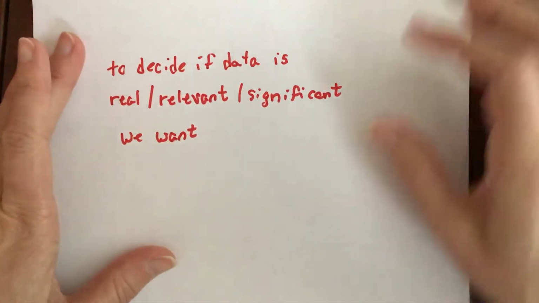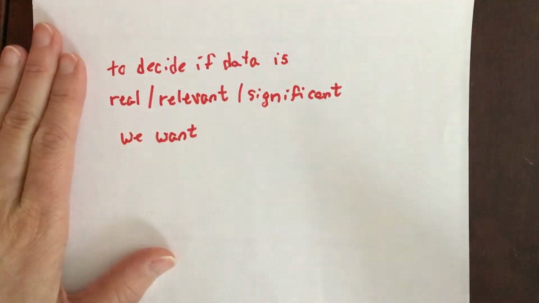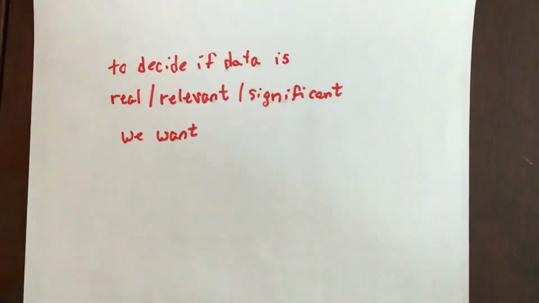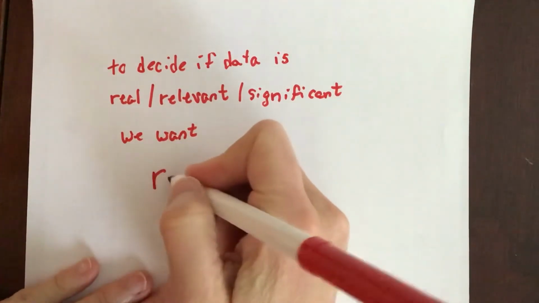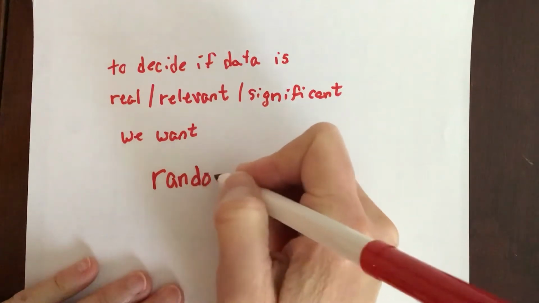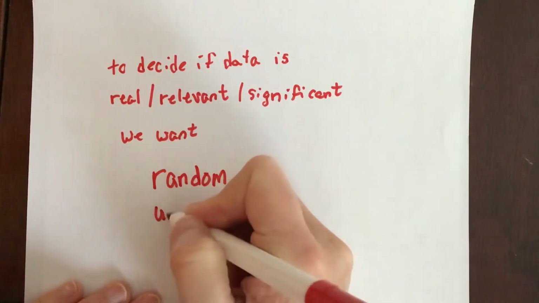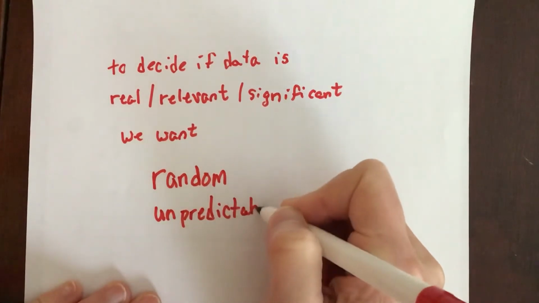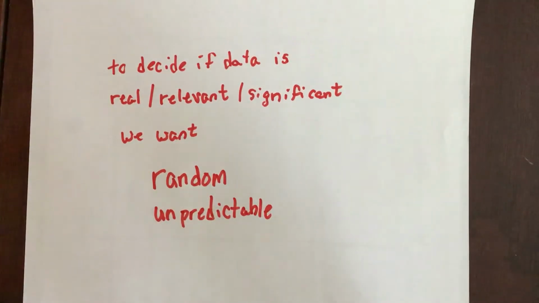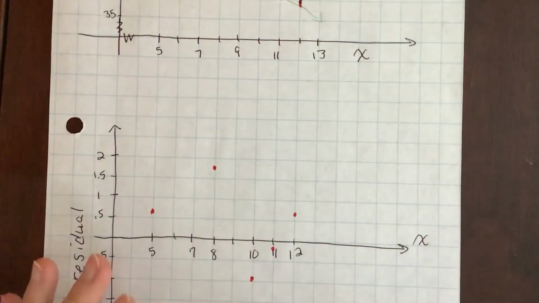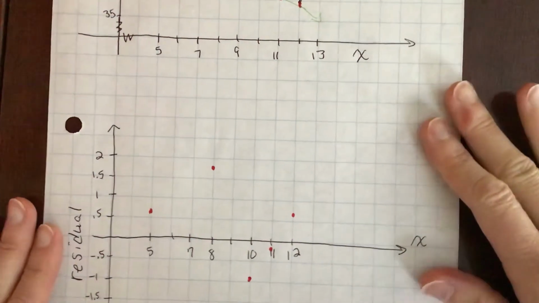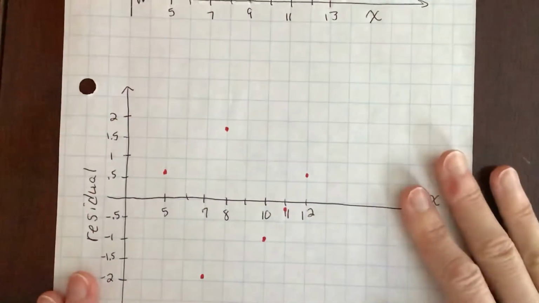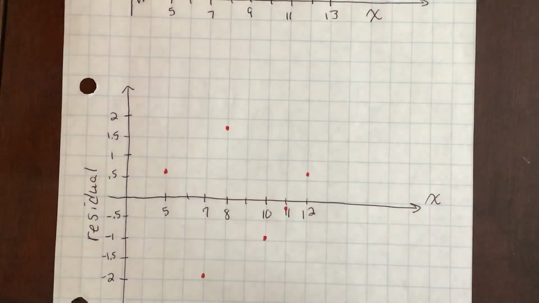To decide if a set of data is real or relevant or significant, we want two things in particular: we want the data to be random, and we want the data to be unpredictable. Because of that, we take a look at the residual plot and decide whether it is showing something random and unpredictable, or something not so random.